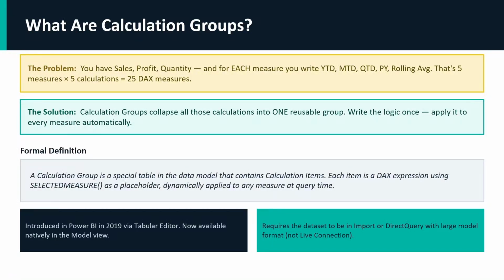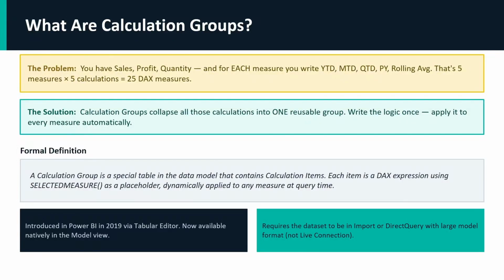Now, for each of these measures, your business wants you to present the year-to-date report, month-to-date report, quarter-to-date report, prior year report, even a rolling 3 month report. That means you are having 5 measures in 5 calculations.